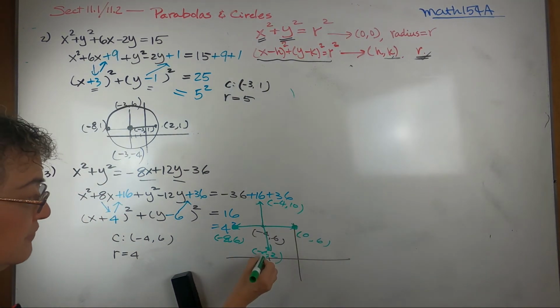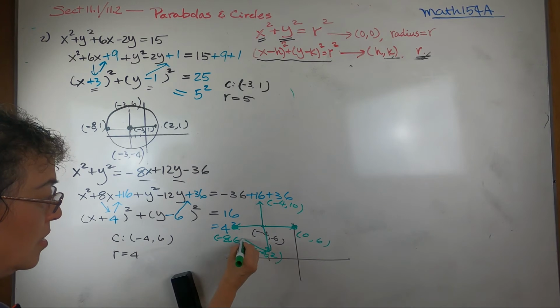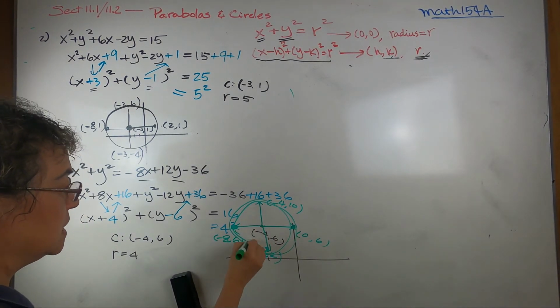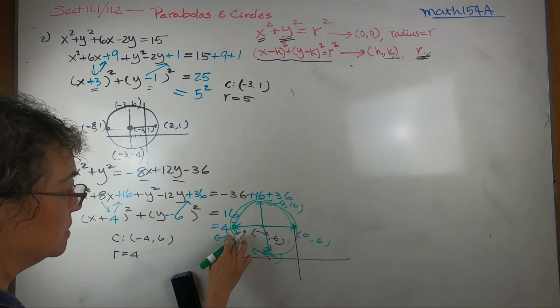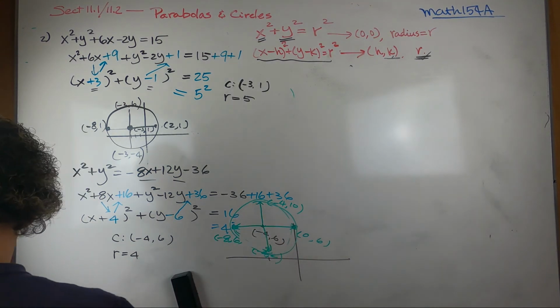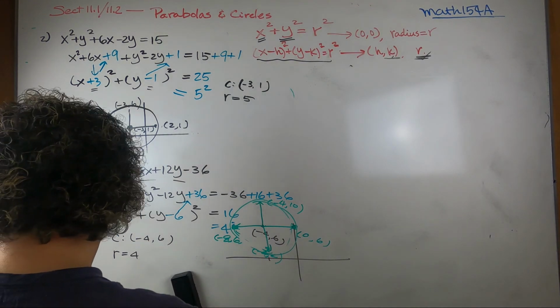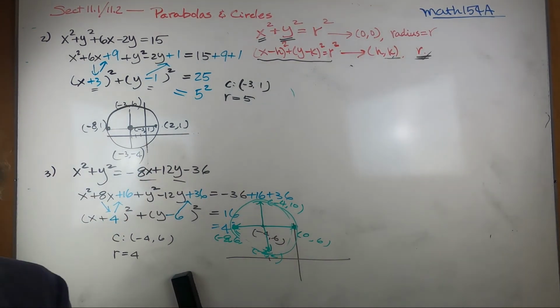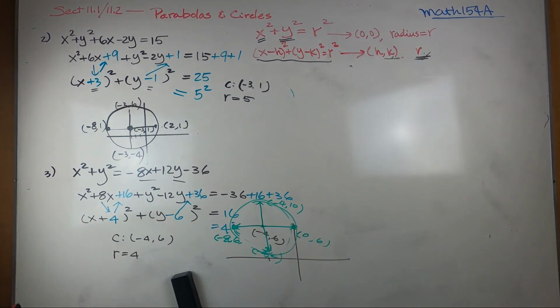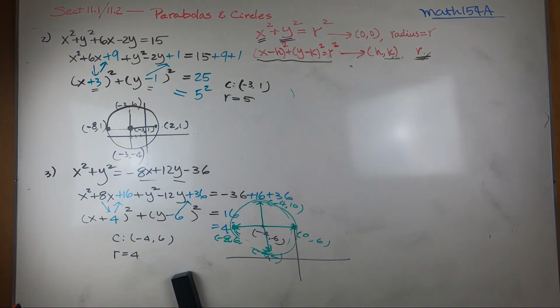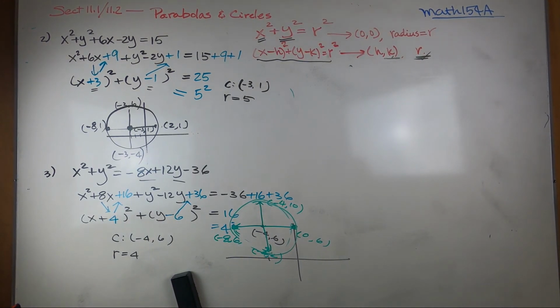So you identified all the 4 corners. Then you can draw your circle. Is that right? Pretty straightforward, right? All you have to do is identify your center and find your radius, then you'll be good.